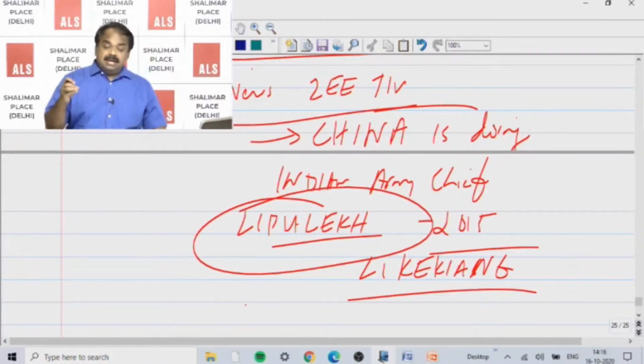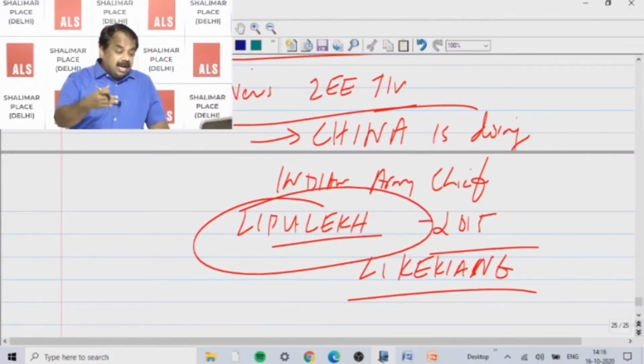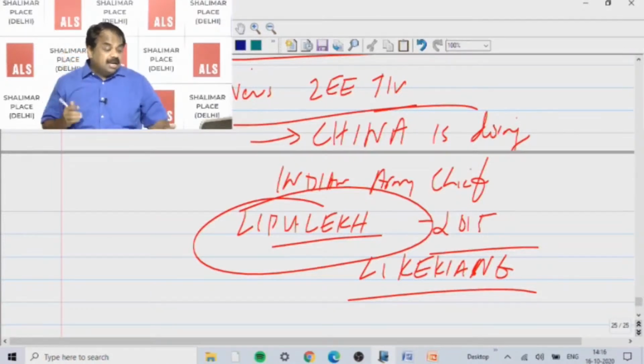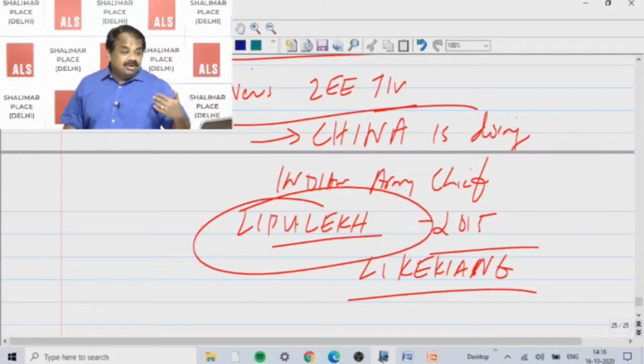It was agreed that India and China will have border trade at Lipulekh Pass, which Nepal protested at that time, saying how can you have trade when it is a disputed territory. So that issue was already there.